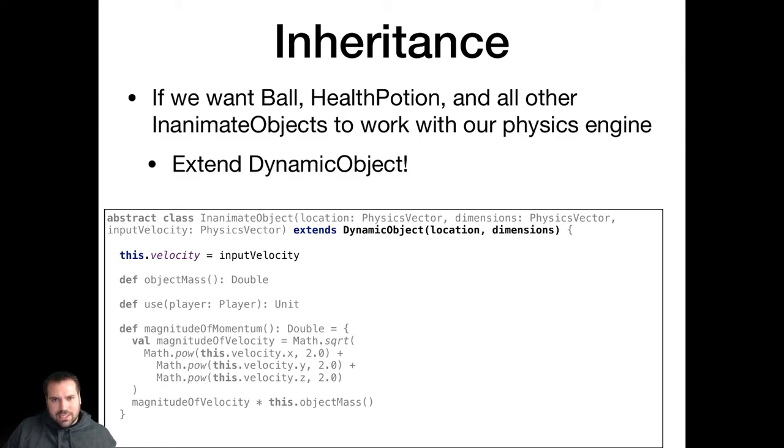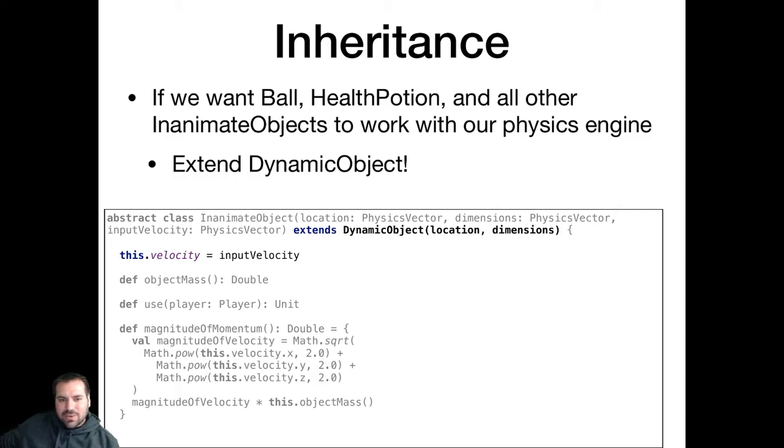So all the physics engine code, computing collisions, figuring out which face a collision was on. Bad example because these are all dynamic objects. Finding collisions, updating based on velocity. If we want health potions and balls mostly to be thrown and follow nice parabolic arcs and detect when they hit another player, all of that happens just by extending dynamic object and throwing these things in our physics engine.